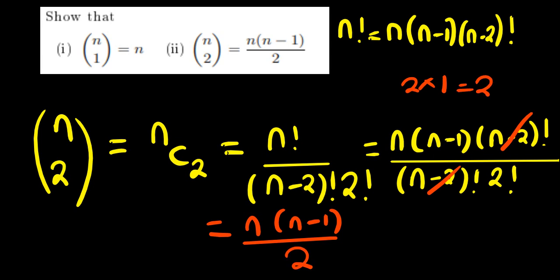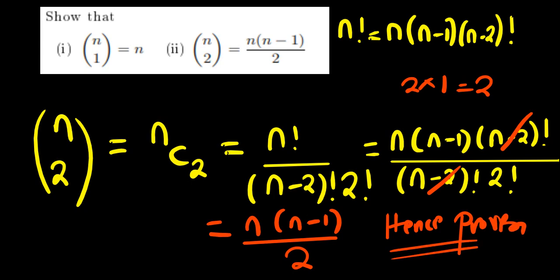Now you're able to see that this is equal to the right hand side. It's just the same. So hence proven. So that's how you prove binomial expansions. Then let's solve another one.